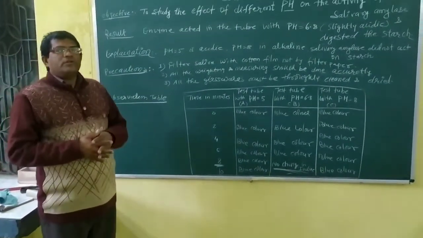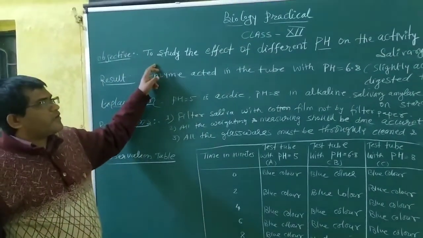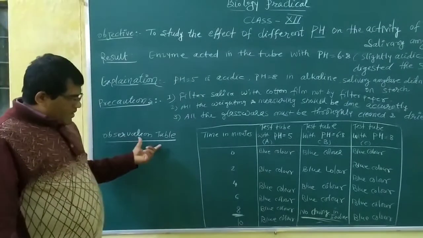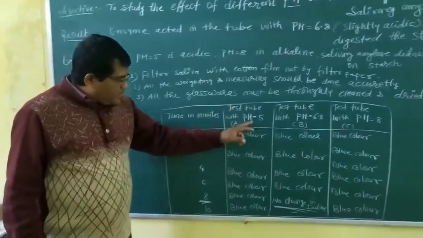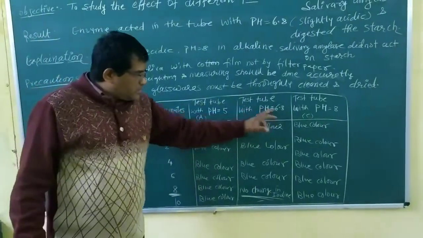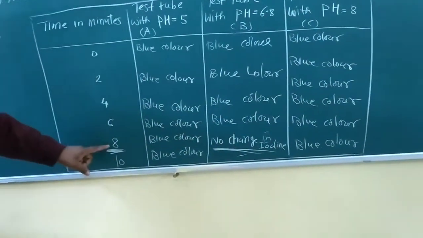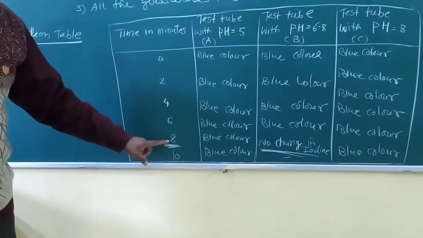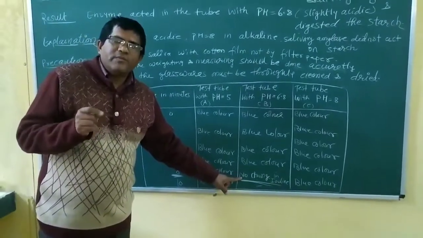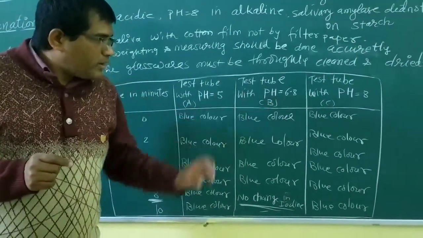So up to now, children, we have observed in the observation table, to study the effect of different pH on the activity of salivary amylase, that at pH 5 only blue color comes. At pH 6.8 we are receiving no change in the iodine, at 8 minutes. So 8 minutes take place for the complete digestion of starch by the action of salivary amylase, at pH 6.8.